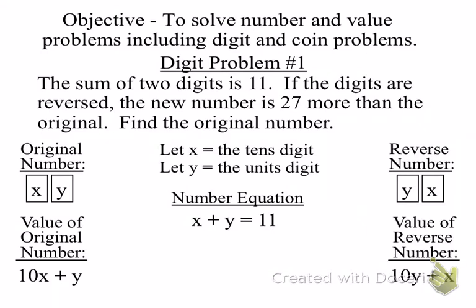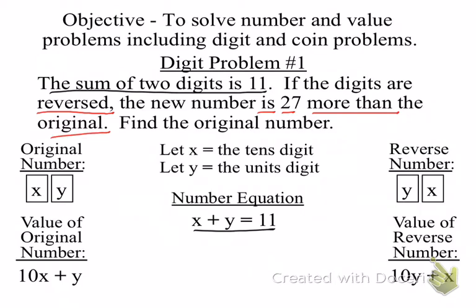So now here's what we're doing. The first part we already did. The second part is that the reverse is 27 more than the original. So what is the reverse value? 10y plus x. Reverse is 27 more than original.